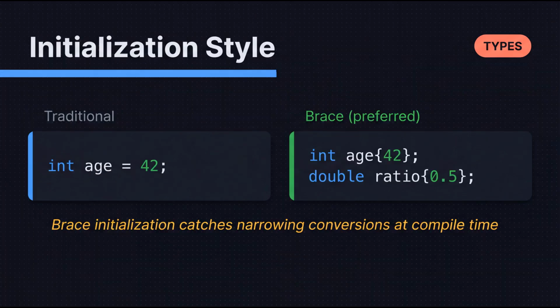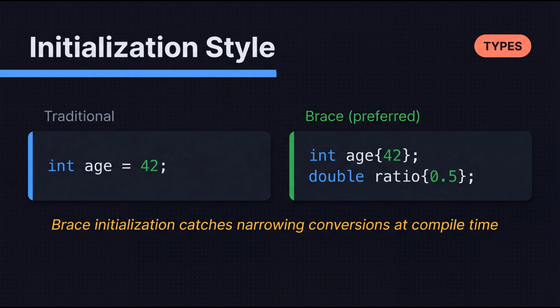C++ gives you several ways to initialize a variable, but one style stands out for beginners. Brace initialization. Instead of int age equals 42, write int age, open brace, 42, close brace. Instead of double ratio equals 0.5, write double ratio, open brace, 0.5, close brace.